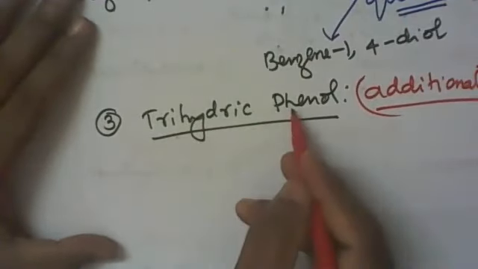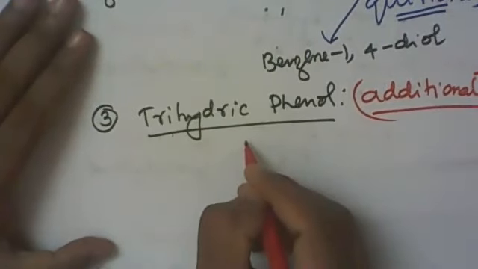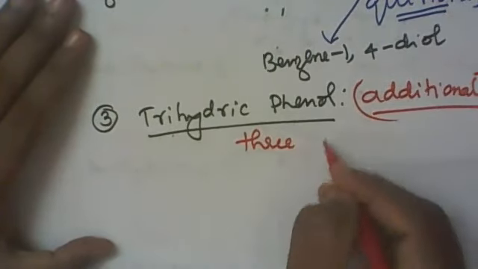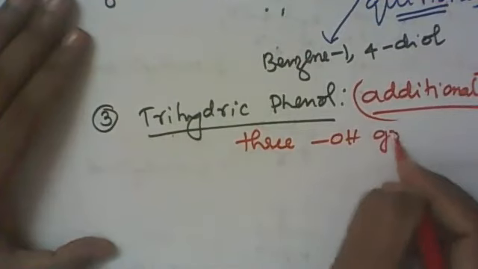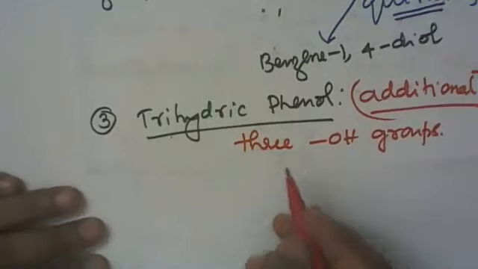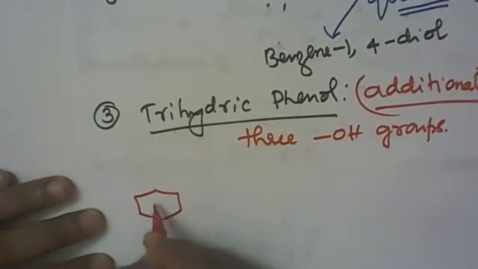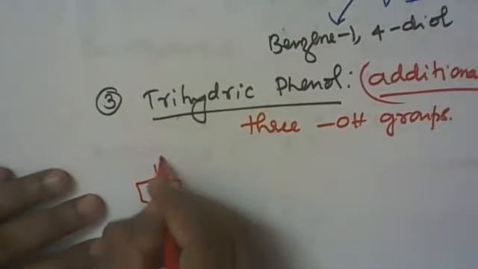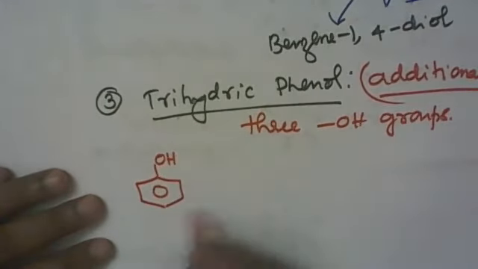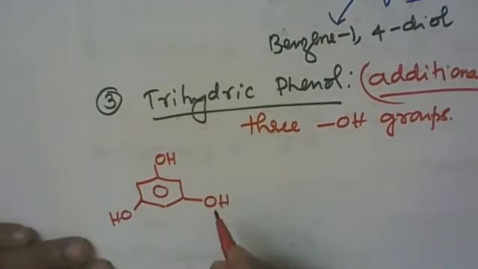What do you mean by trihydric phenol? Trihydric phenol means it contains 3 OH groups. Right. So let me take examples. We'll study only the common names here. OH attached. I'll write like this now. Clear? So I'm writing the derivative of this one now.